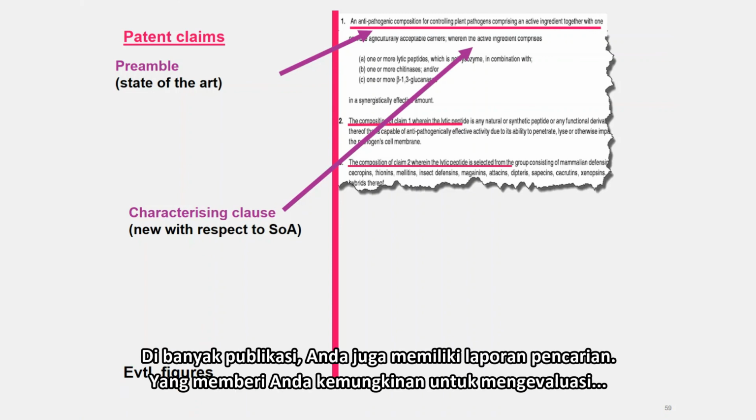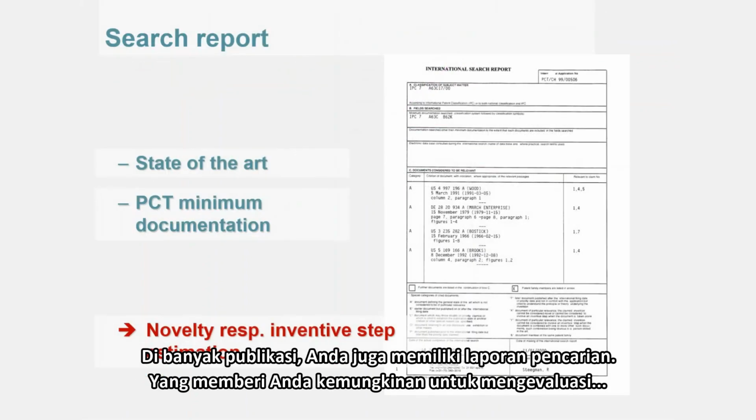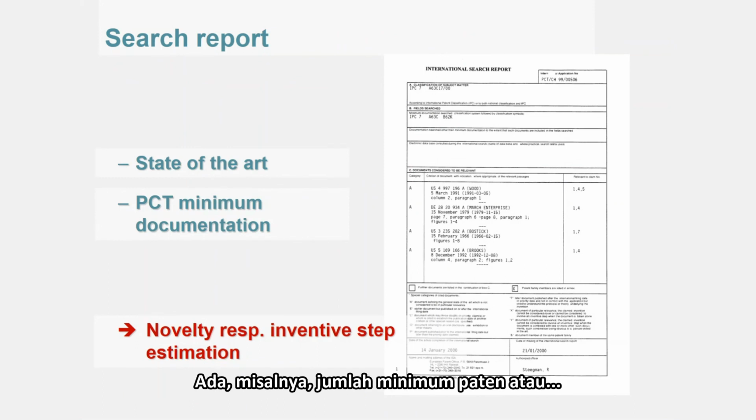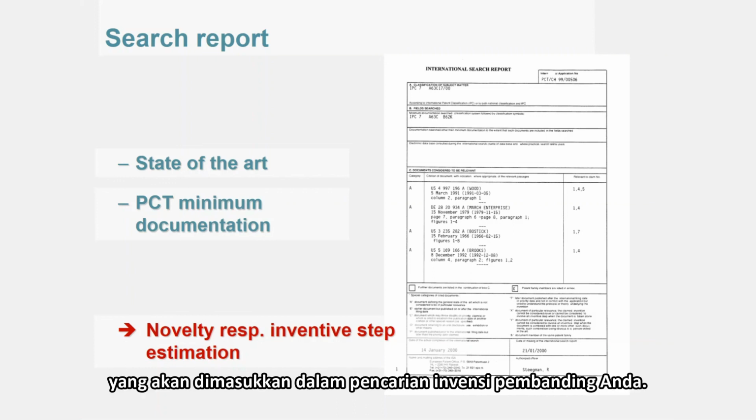Then in many publications you also have a search report, which gives you the possibility to evaluate the state of the art according to the PCT minimum documentation. That is a minimum number of patents which shall be included in your state of the art search.